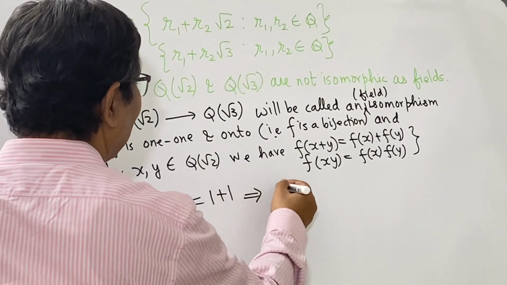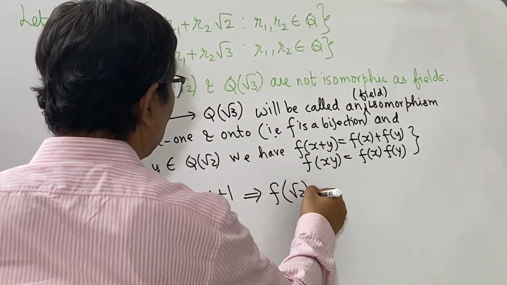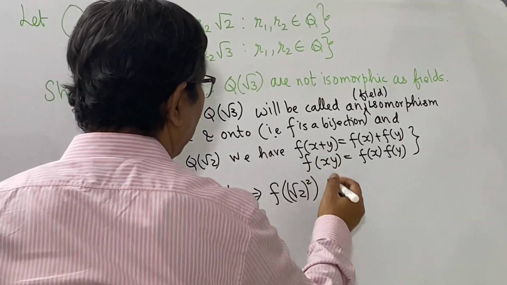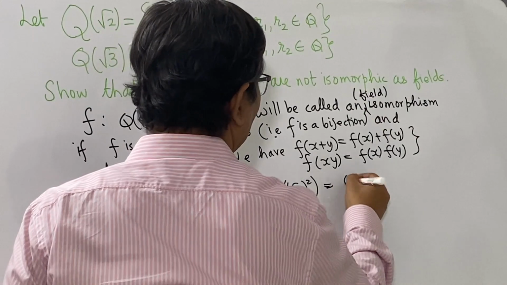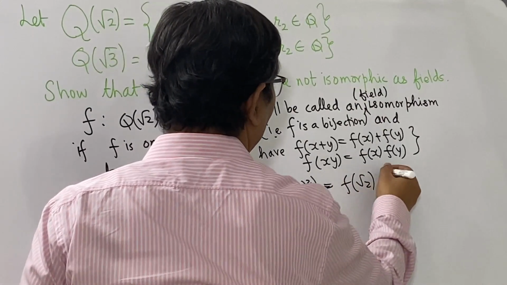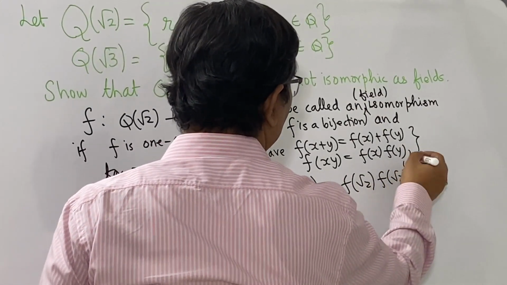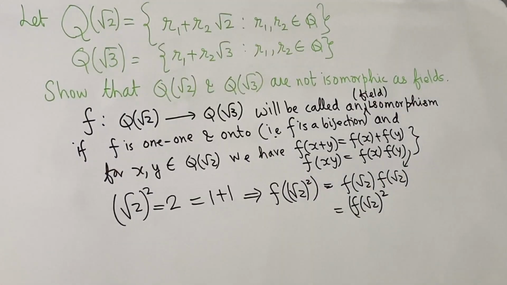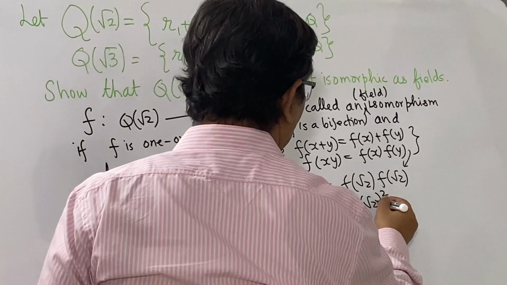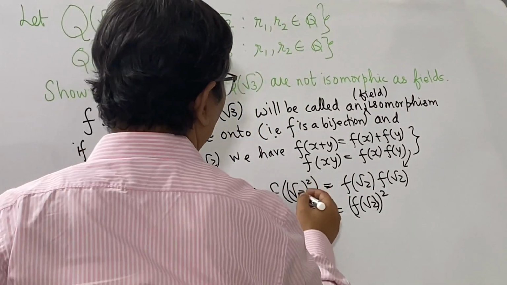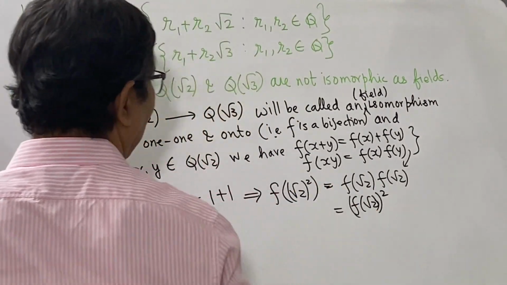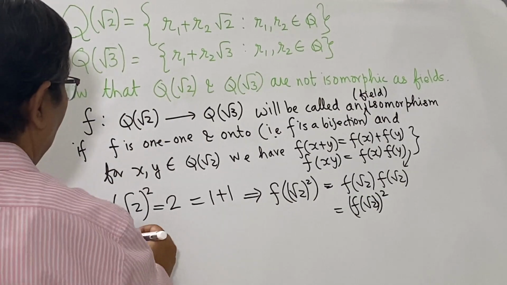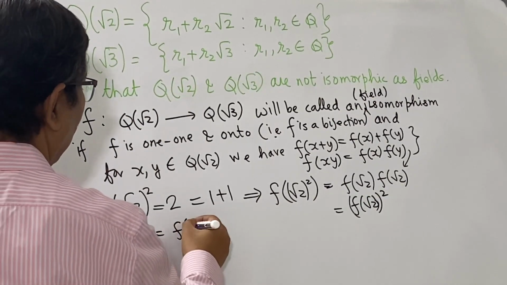This tells us that f of root 2 square is f root 2 into f root 2 from this property, and therefore this is f root 2 whole square. So f of 2 is f root 2 whole square.